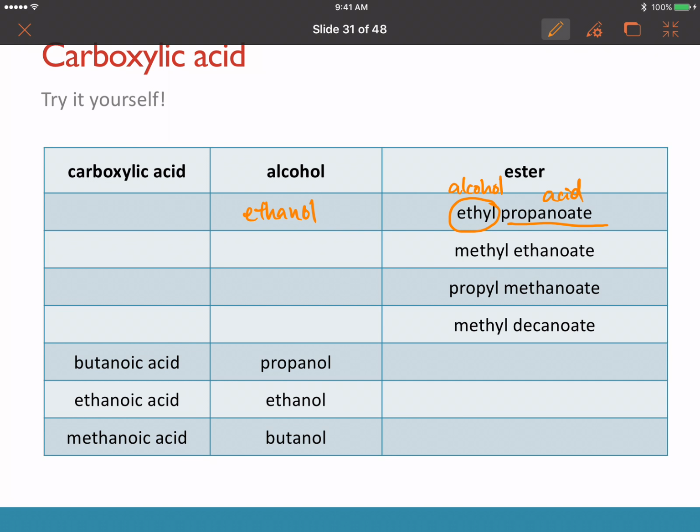And propanoate means it's propanoic acid. Methyl ethanoate: again methyl is the alcohol, so methanol, and ethanoic acid. Propyl methanoate, so it must be propan-1-ol and methanoic acid.